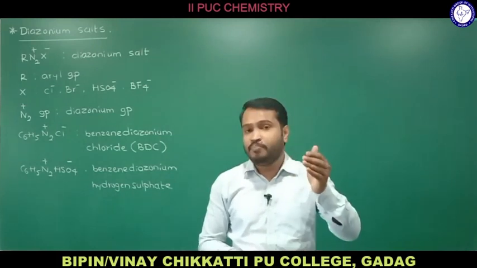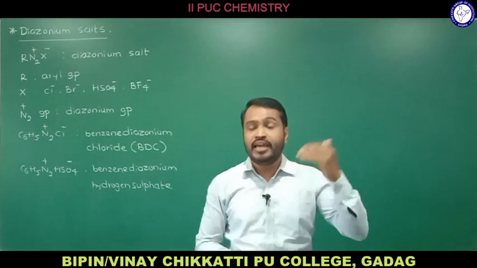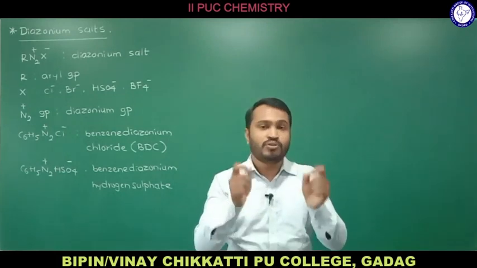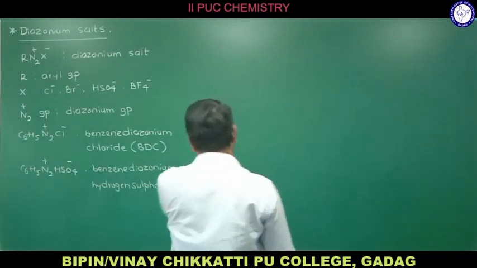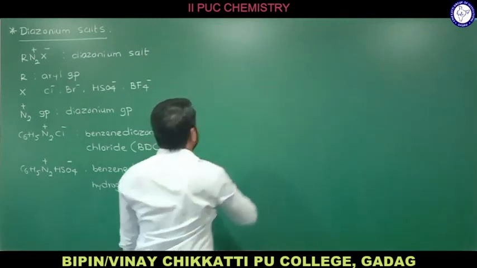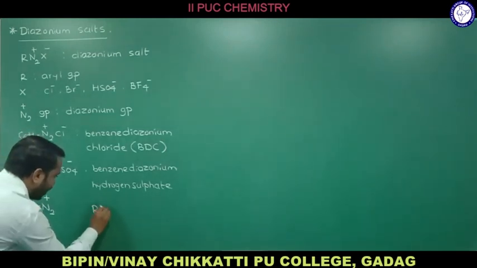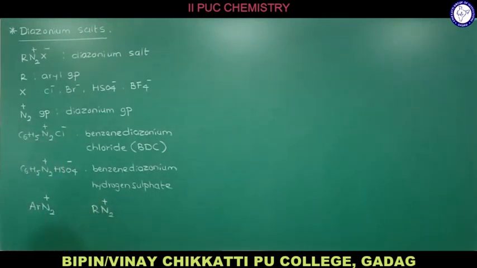So now we compare the alkyl group as well as the aryl group of the diazonium ion, and we'll talk about the stability of that. First, I am going to consider aryl N2+, that is arene diazonium ion, and one more, that is RN2+, this is alkyl.